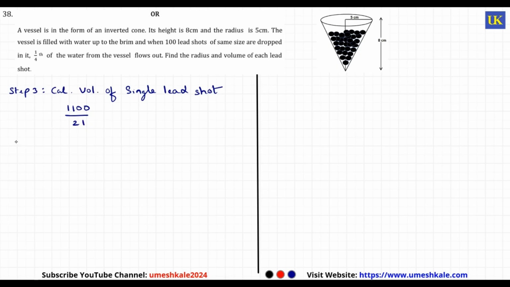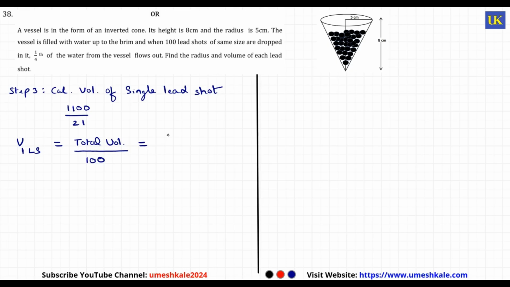So if we want the volume of one lead shot, then what we need to do is total volume divided by 100 lead shots.